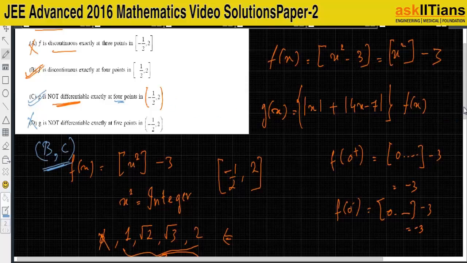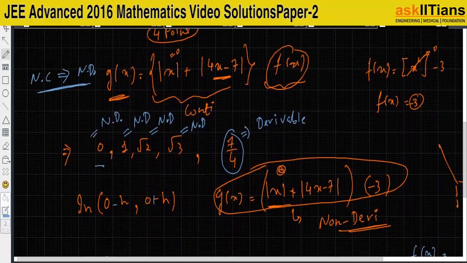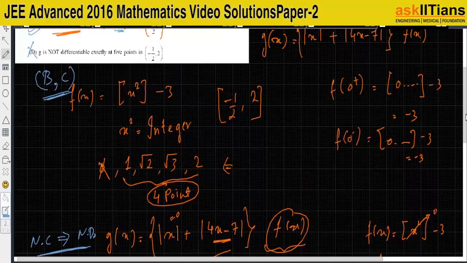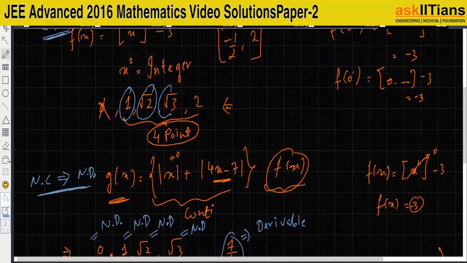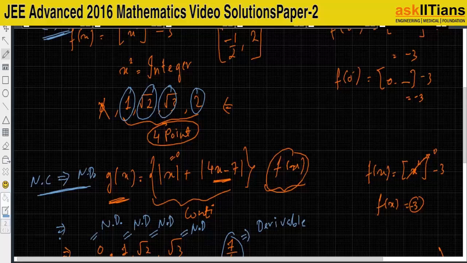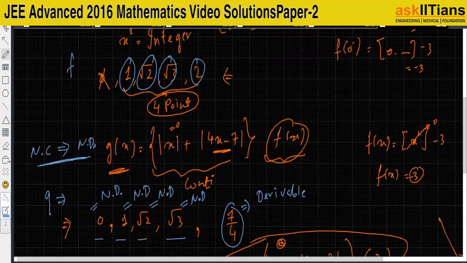Points of non-derivability are 0, 1, root 2, root 3. And which are the points where fx is discontinuous? Fx is discontinuous at 1, root 2, root 3 and 2. These 4 points are non-continuous and these 4 points are non-derivable. This is for fx, this is for gx.